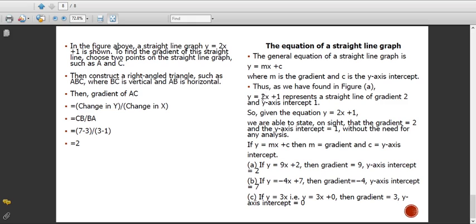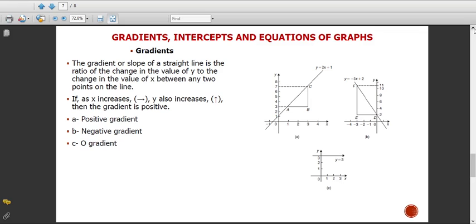So our 2 is the gradient of the line. We see that this is the equation of the line, y is equal to 2x plus 1. And we've confirmed this by calculating the change in y over change in x, and we got a gradient of 2. So we can even just read it off straight away.